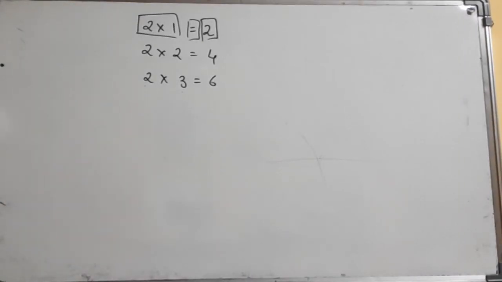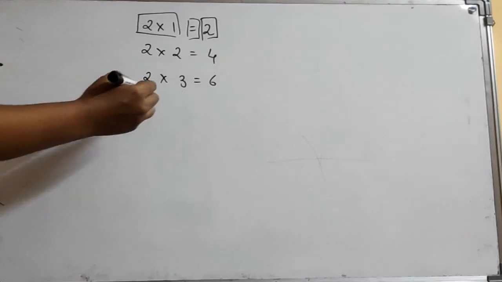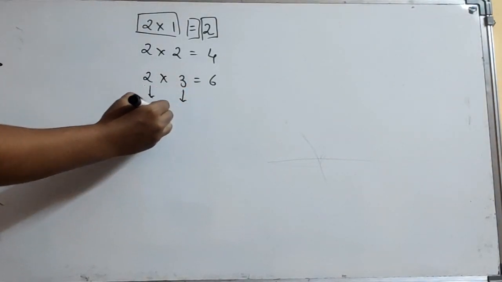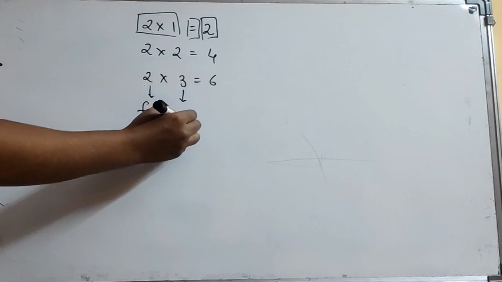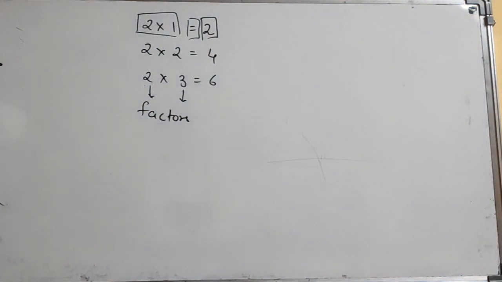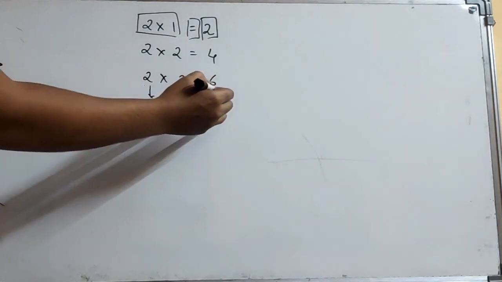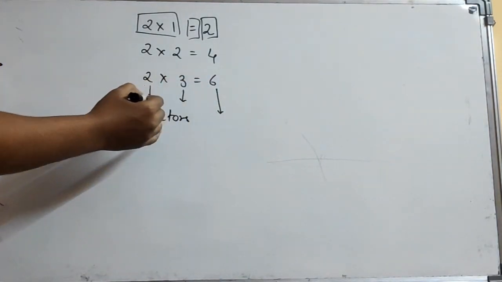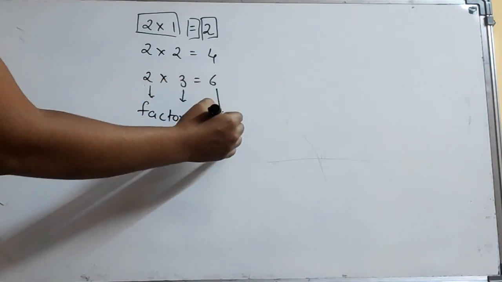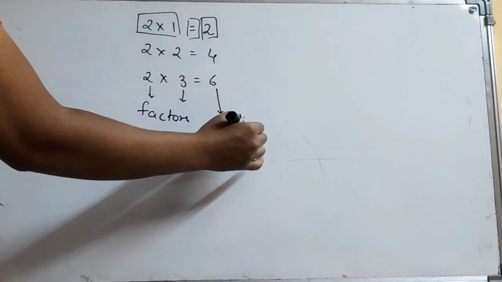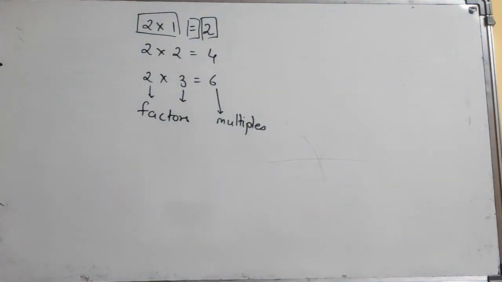Now students, the numbers which get multiplied are called factors. And the number you get after multiplication of factors, the answer, is called a multiple. Understood? What are factors? Factors are those numbers which are exact divisors of a given number or a given multiple.